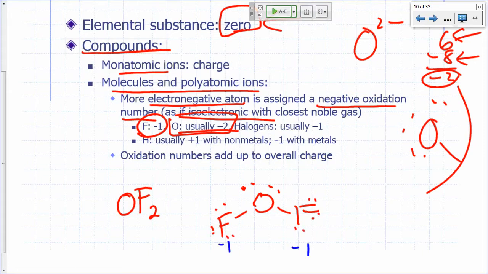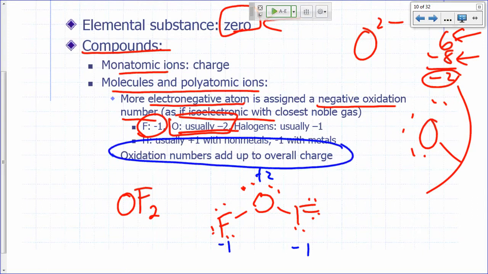Each fluorine is going to have an oxidation number of -1. Then the oxygen must have an oxidation number of +2. It's an important rule that oxidation numbers in a molecule or a polyatomic ion must all add up to the overall charge. So if you're dealing with a neutral molecule, all the oxidation numbers must add up to 0.